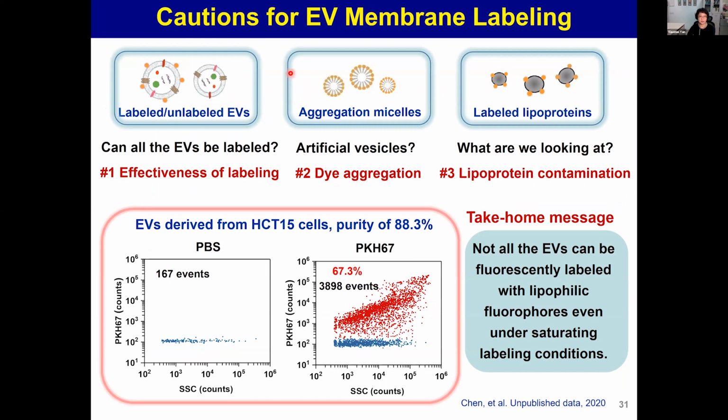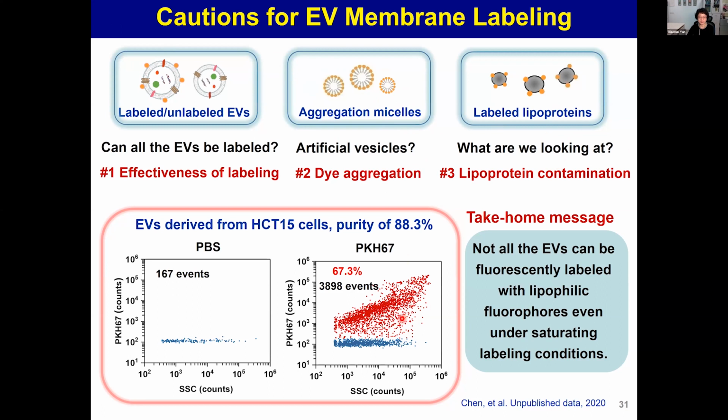But caution needs to be taken when we do EV membrane labeling. The first question is, can all the EVs be labeled? What is the effectiveness of labeling? Also, dye molecules could aggregate and form micelles that resemble the structure of EVs, and contaminating lipoproteins can also be labeled.